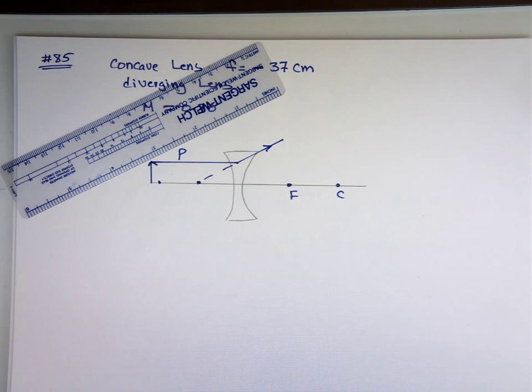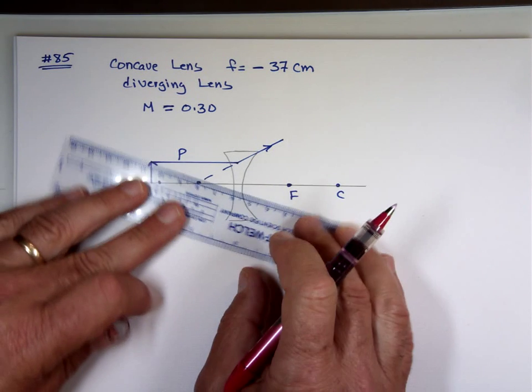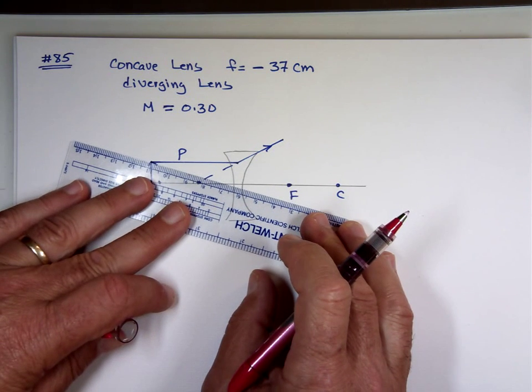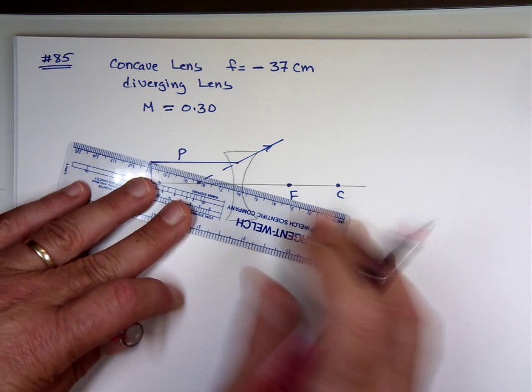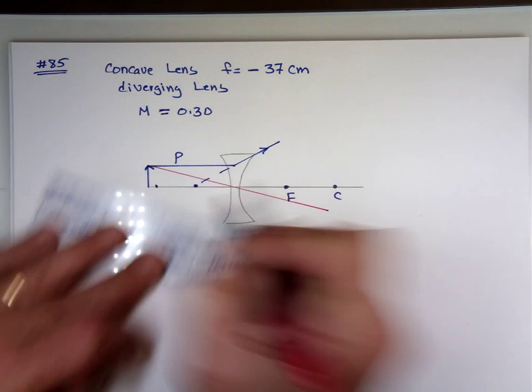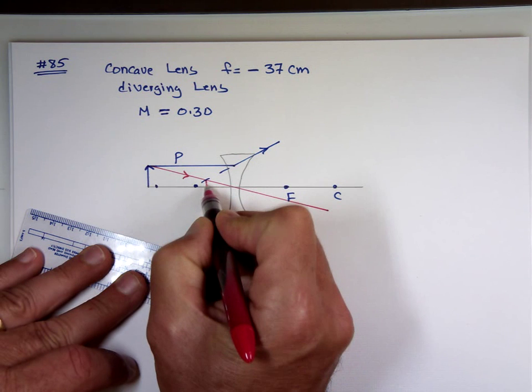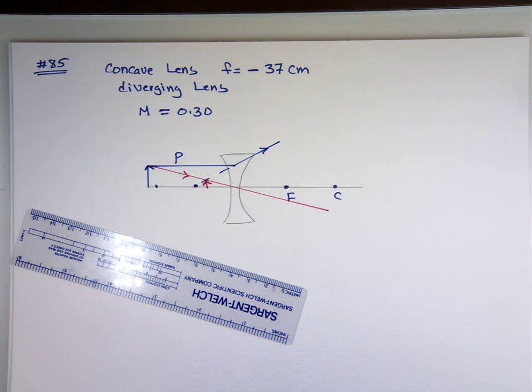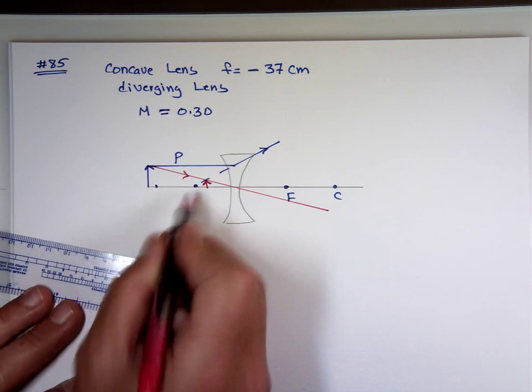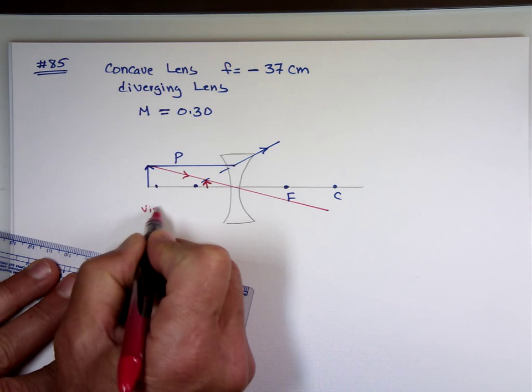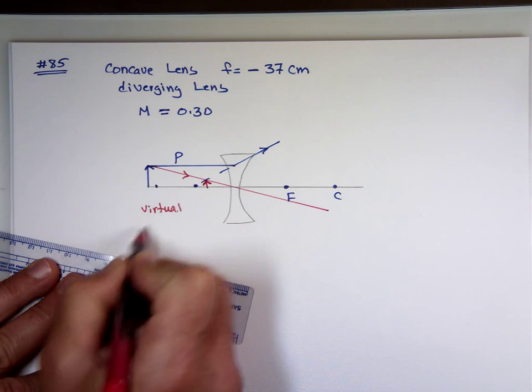The one through M doesn't bend. That's where my image is. I don't even have to draw the third line. Notice on the same side, that's a virtual image. Reduced, and the math says it is reduced.